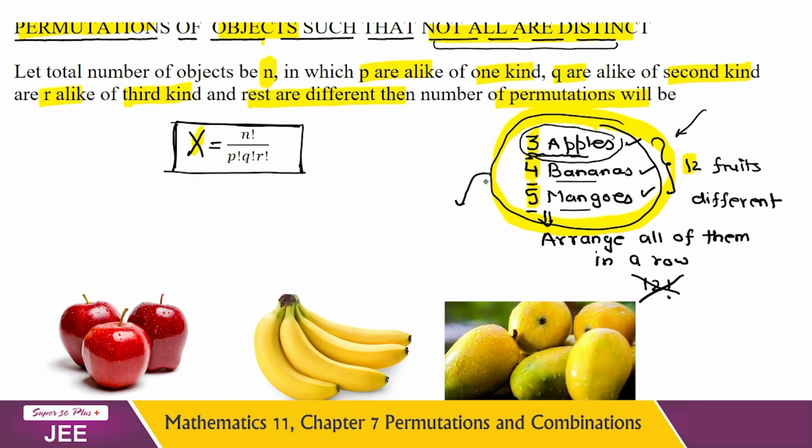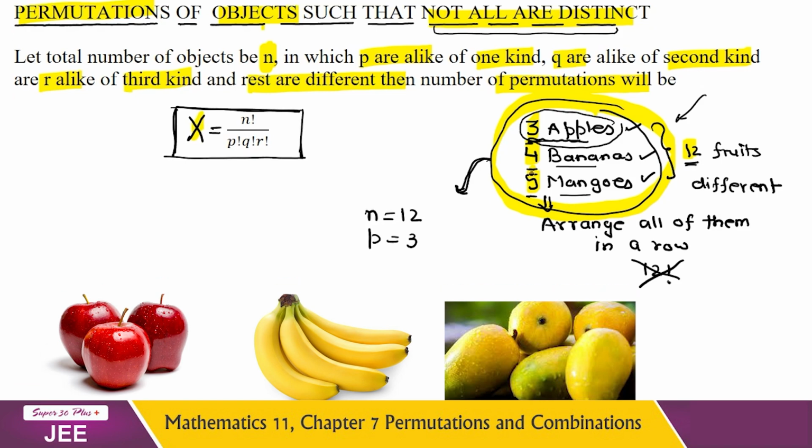It means if I were to answer this question in which I had given 12 total fruits, so n was 12, 3 apples were the same, so p equals 3, 4 bananas were the same, so q equals 4, because these are alike of one kind, these are alike of the second kind, and 5 mangoes are the same, so r equals 5, these are alike of the third kind.